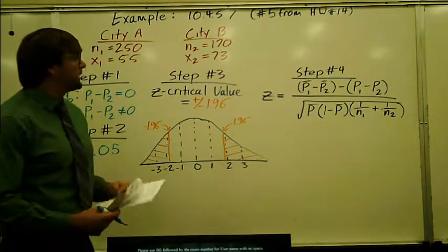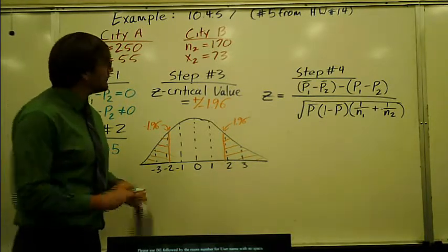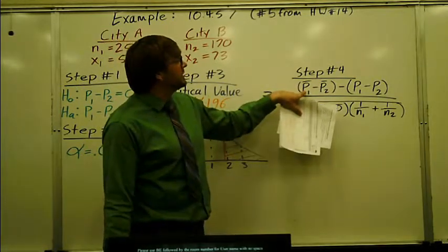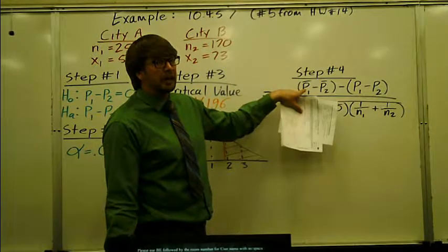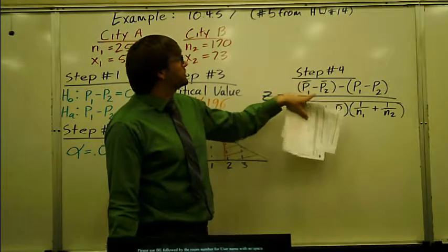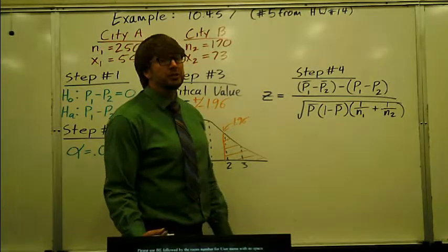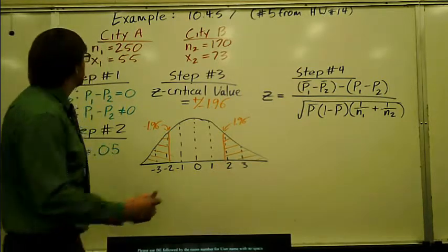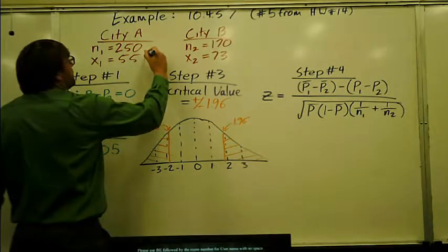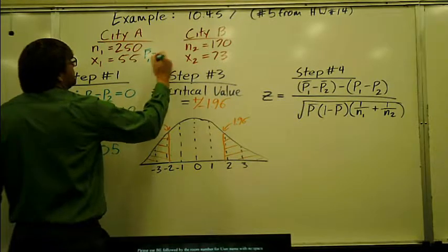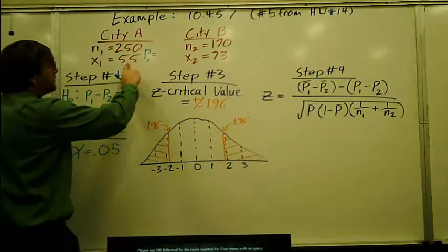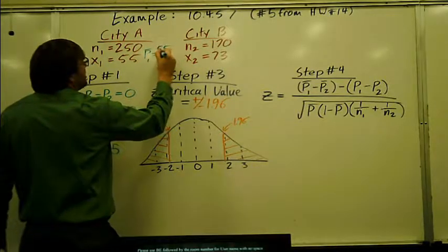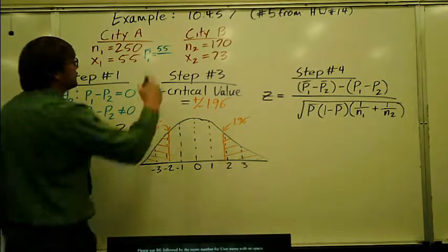Up next now, we want to calculate the z-value of your test statistic. So we got a whole big long formula for that. The z-value of your test statistic is first off the point estimate of the difference between your sample proportions, or sample proportion 1 minus sample proportion 2. We're not given the sample proportions directly, we need to calculate those out first. So of course, sample proportion 1 is just going to be the number of people from city A who had a college degree, which was 55, divided by the total number of people surveyed from city A, which was 250.